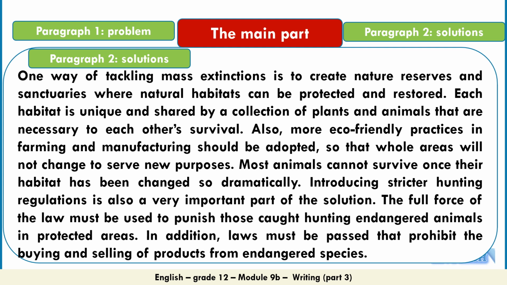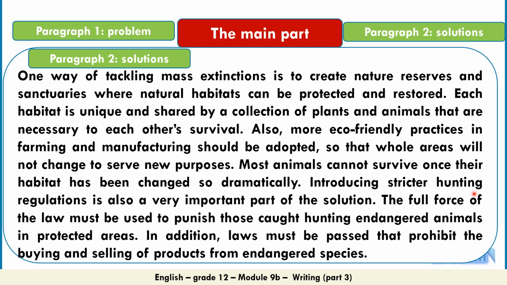Each habitat is unique and shared by a collection of plants and animals that are necessary to each other's survival. Also, more eco-friendly practices in farming and manufacturing should be adopted so that whole areas will not change to serve new purposes. Most animals cannot survive once their habitat has been changed so dramatically.